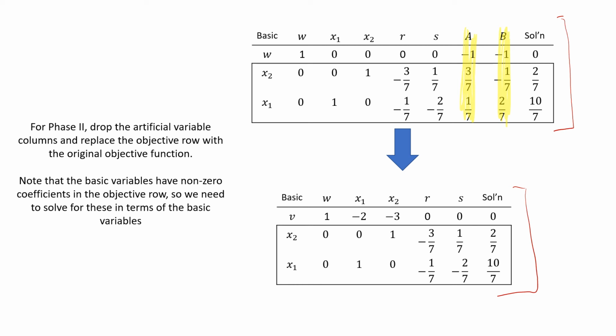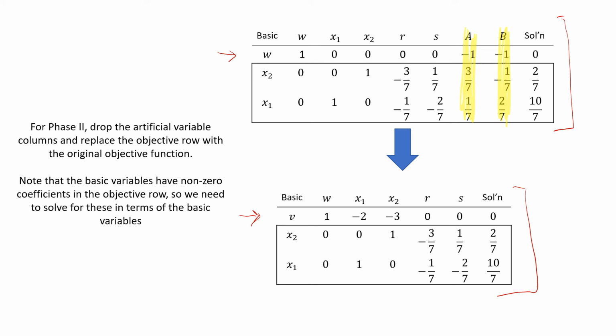Now what do we have? We have a linear program at this point that has a starting point, and when we jumped from the top one to the bottom one, notice what we did. This was our objective function to guarantee a and b equals 0. We now go back to our original objective function and put that back in.